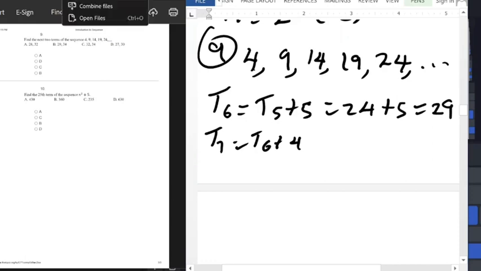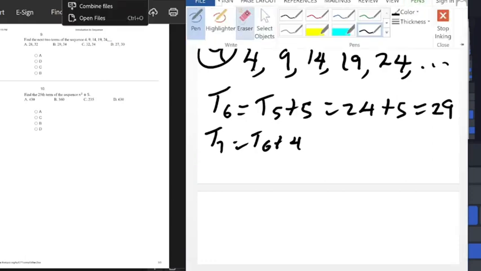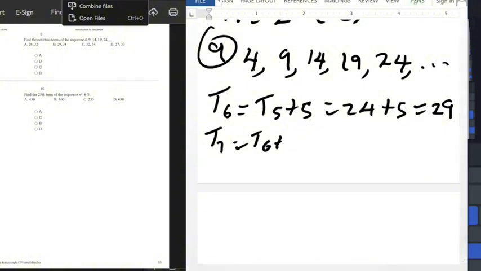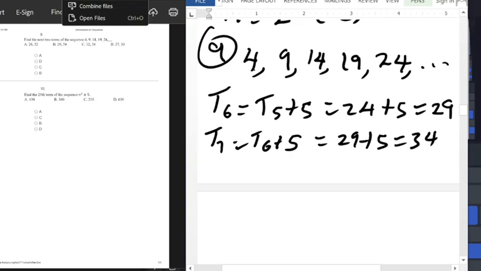Then T7 is T6 plus 5, which is 29 plus 5, which is 34. So the next two terms are 29 and 34. That is option B.